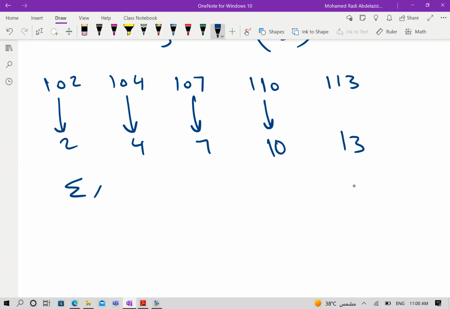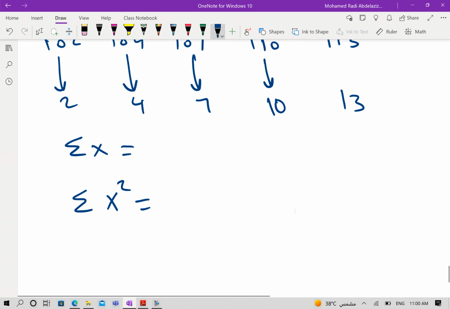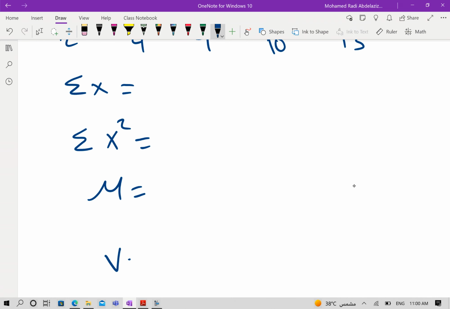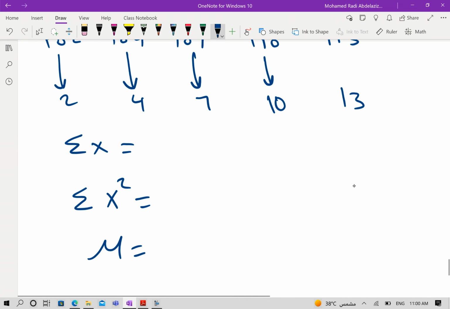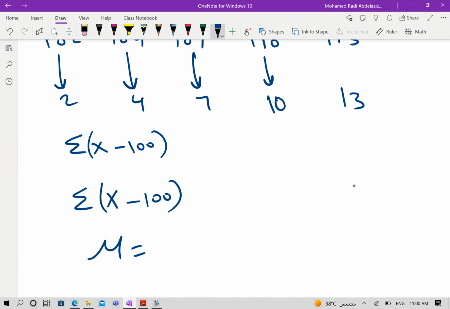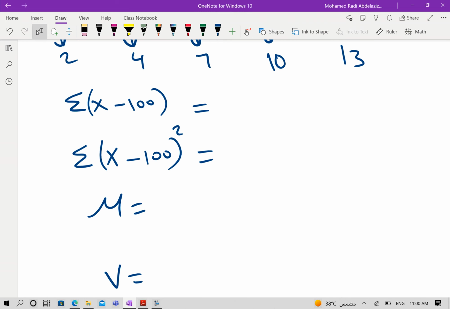So done sum of x, done sum of x squared, and find mu and find the variance of the values after subtracting 100. So this will be sum of x minus 100 and sum of x minus 100 squared. Get mu and the variance.